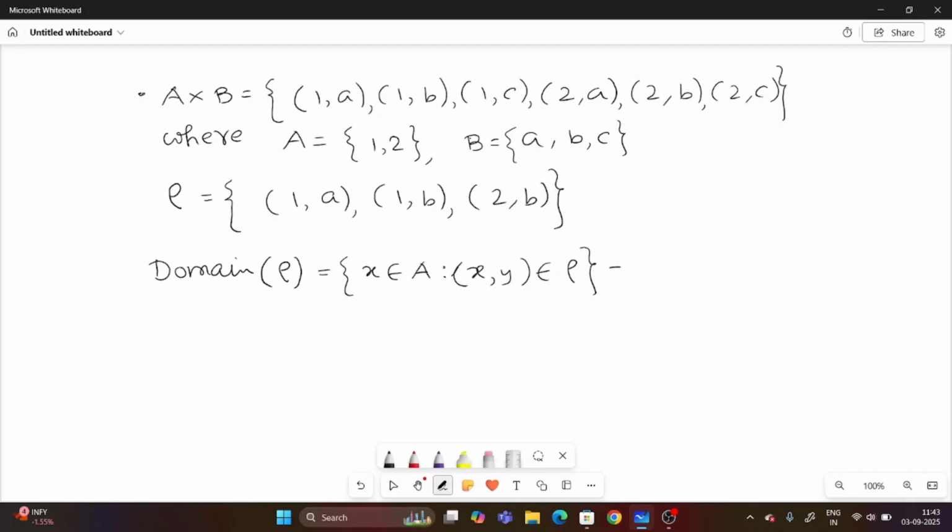According to our relation {(1, a), (1, b), (2, b)}, the x components are 1, 1, 2. So the collection of all different x components is {1, 2}. So for the relation rho, the domain is {1, 2}.